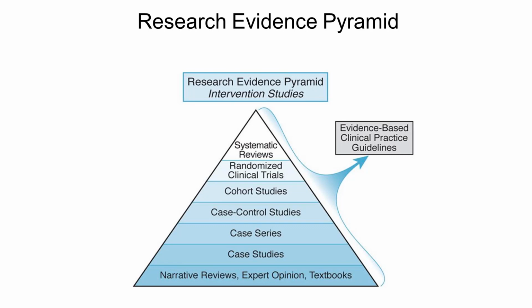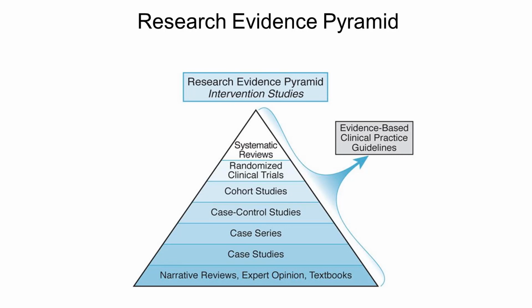You can see the largest amount of evidence that's available is at the bottom of the pyramid, and for us, narrative reviews, expert opinions, and textbooks fall into this category. As we go up to increasingly more important evidence, we see the next level are known as case studies, followed by case series, case control studies, cohort studies, randomized clinical trials, as well as systematic reviews.